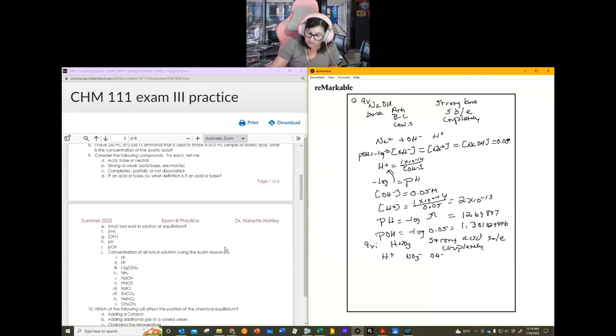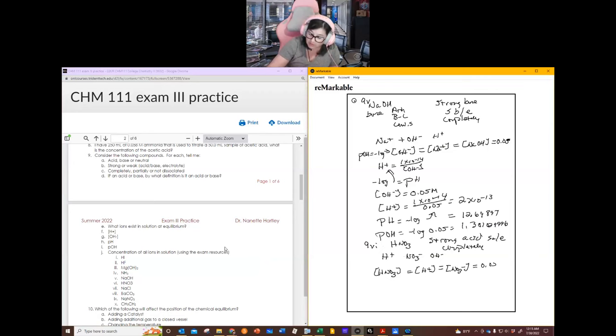If we take a look at that, our HNO3 concentration is going to equal our H plus concentration. It's going to equal our OH minus concentration. No, it's not. Jeez. That's not the one I meant. The NO3 minus.